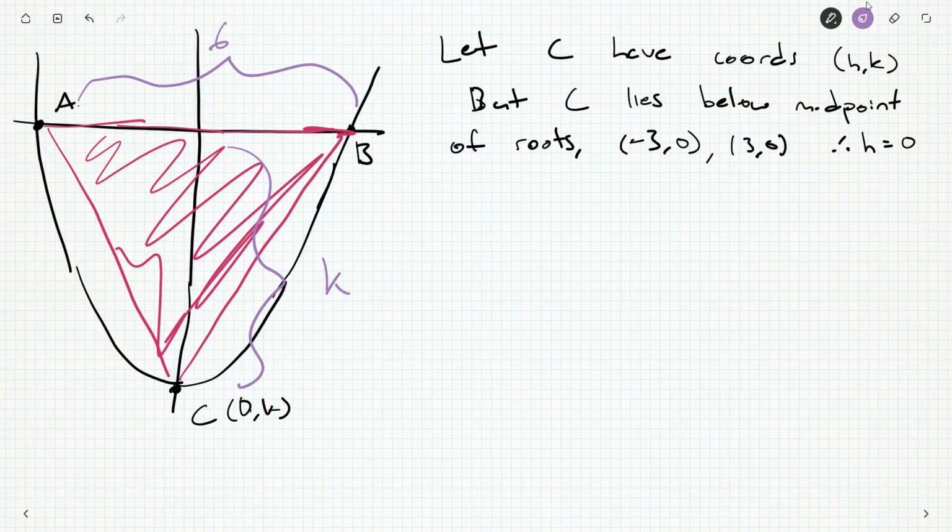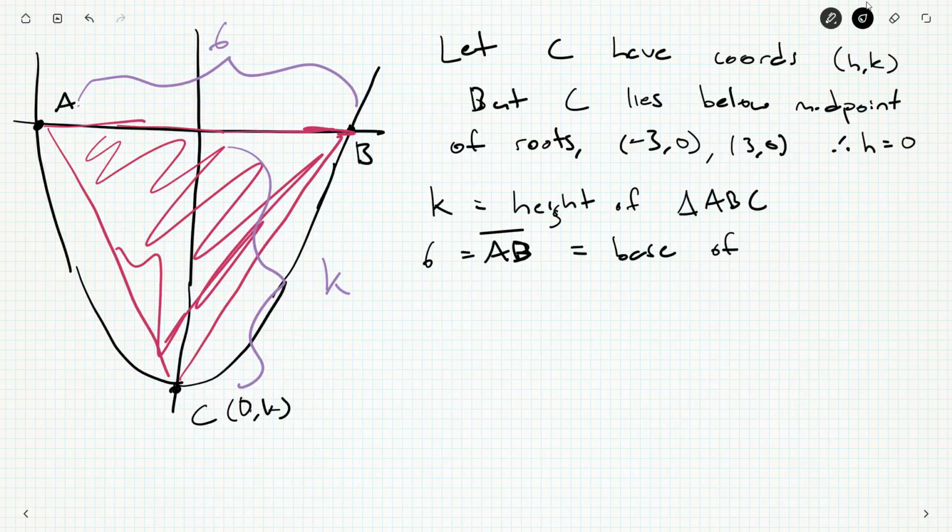So we'll put a k, we'll put a 6, and we will make the comment that k is the height of triangle ABC, and 6, which is equal to the distance between A and B, is equal to the base of triangle ABC.